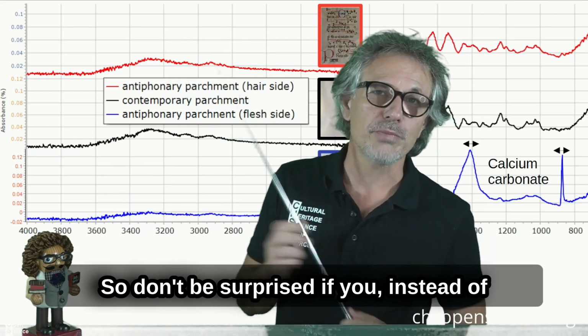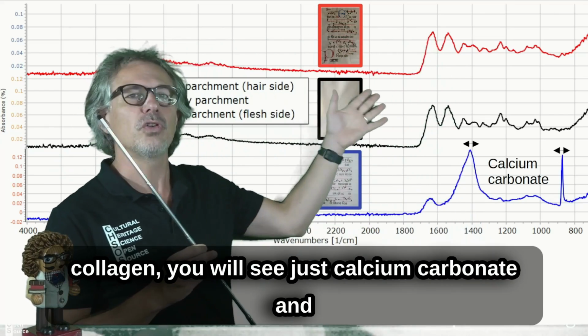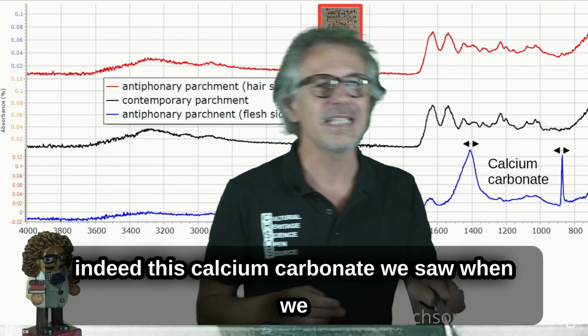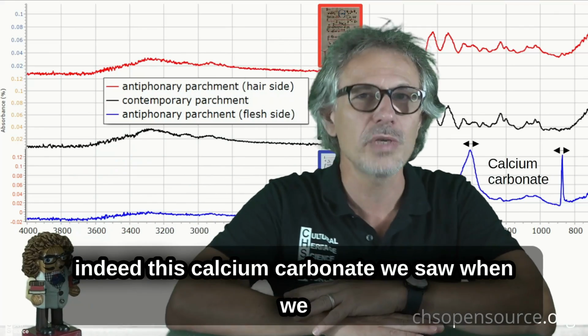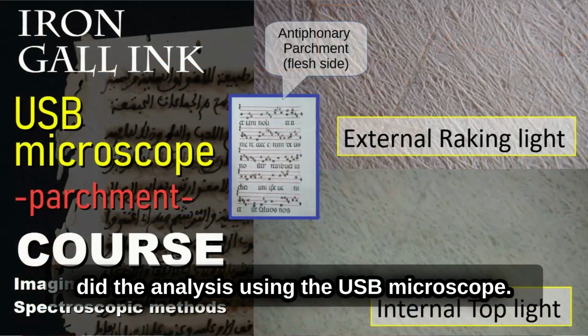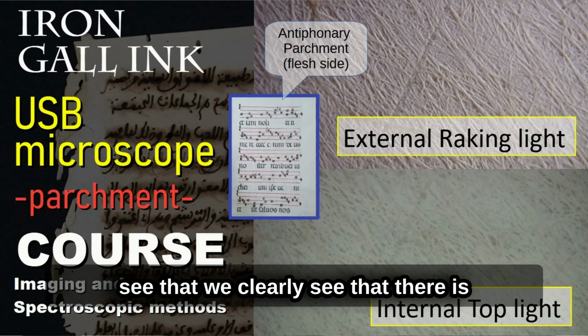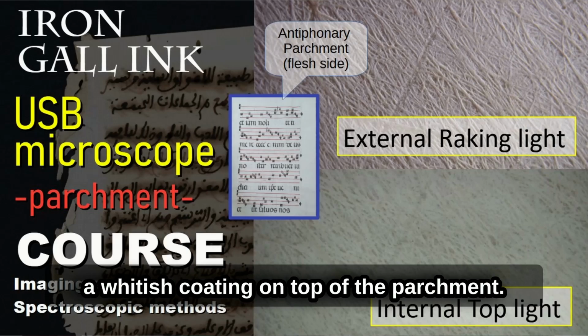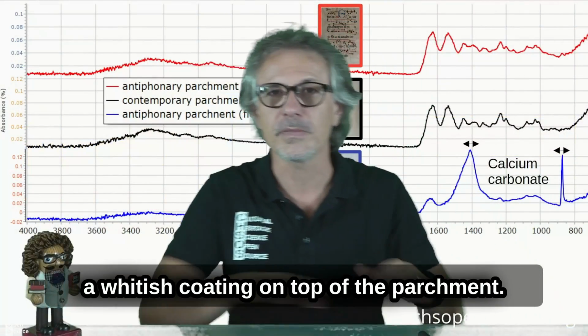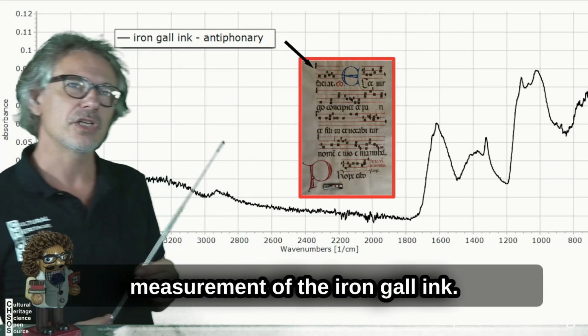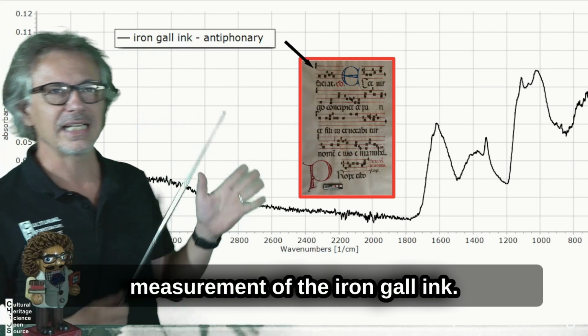So don't be surprised if, instead of collagen, you see just calcium carbonate. And indeed, this calcium carbonate we saw when we did the analysis using the USB microscope. Let's look at that class, where we clearly see that there is a whitish coating on top of the parchment.